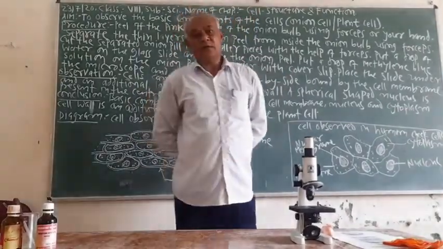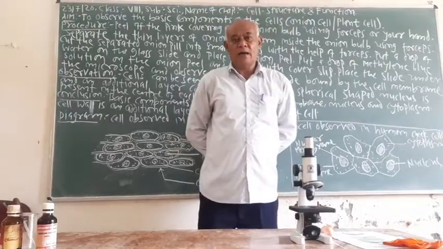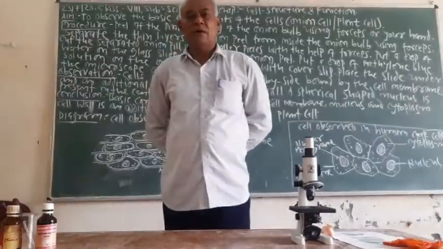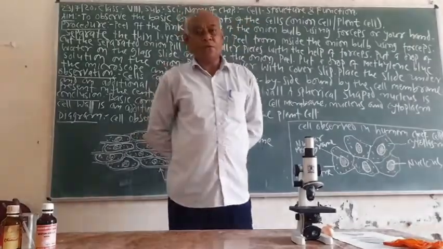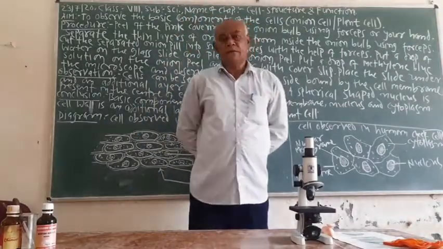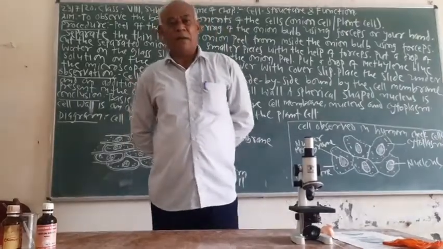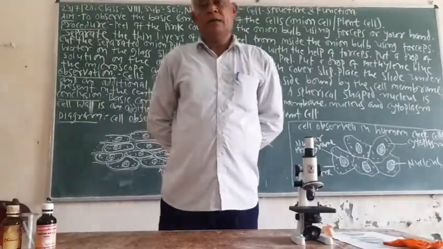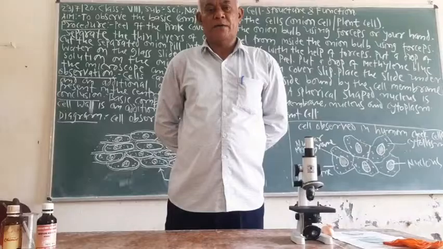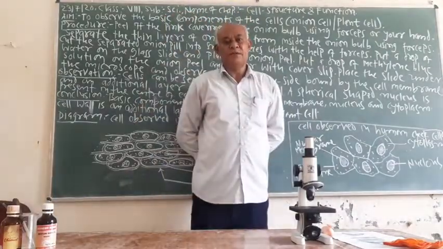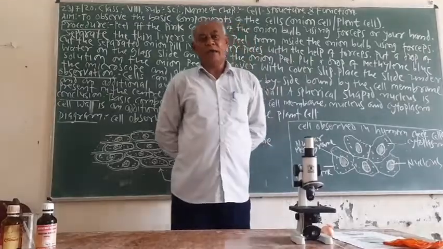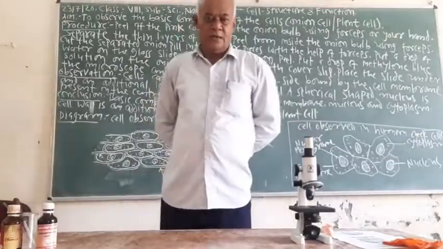So, to observe the cell, we require a device called a microscope. Microscopes are of two types: a simple microscope and a compound microscope. With the help of this device, we can see the cell.